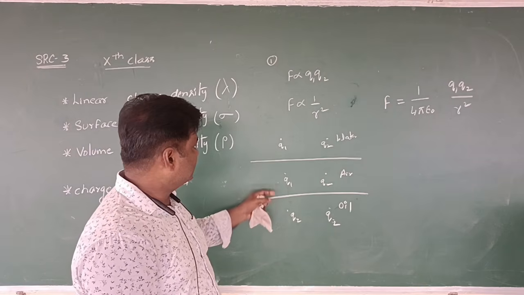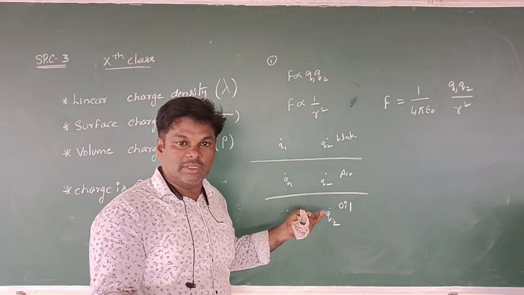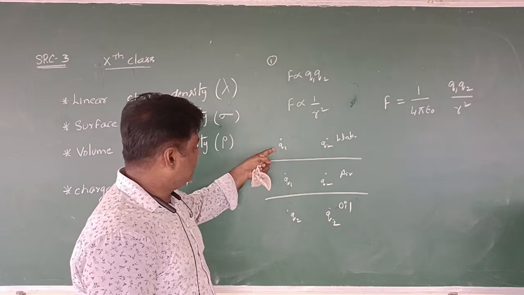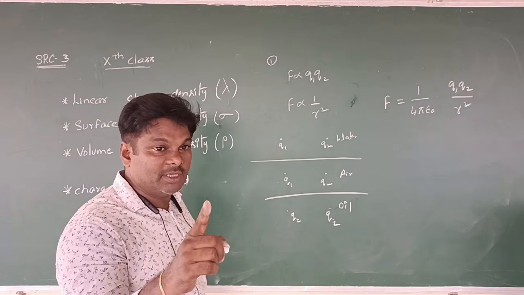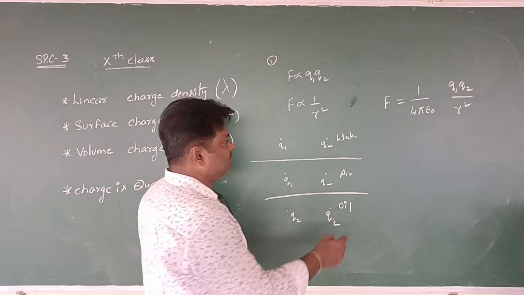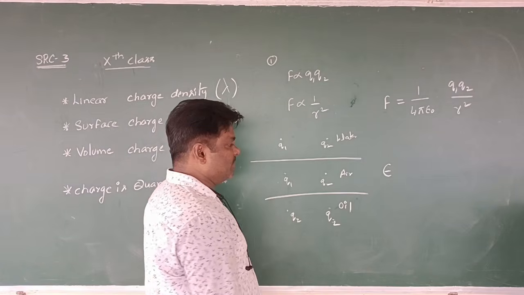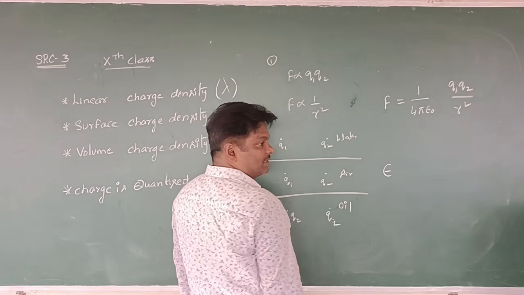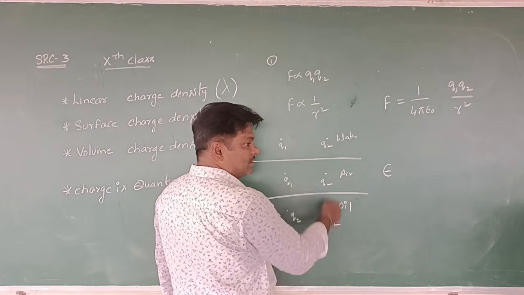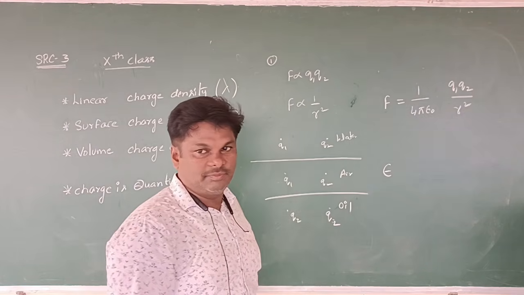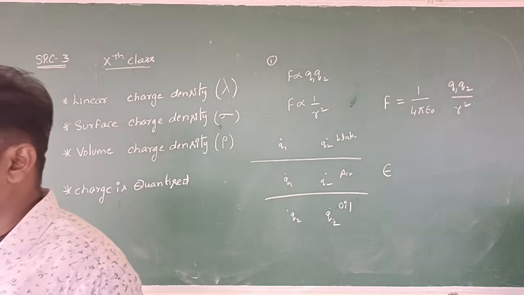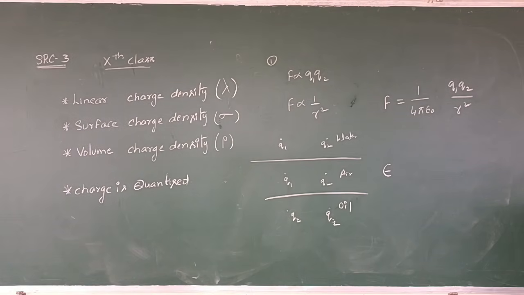The same force of attraction or repulsive force between these two charges will not occur. This will change according to the medium. That information, how much the change will be, is given by the permittivity symbol. Permittivity will give you an idea of how many times the force decreases or increases when you place the charges in a different medium. That information is given by permittivity, the symbol epsilon.